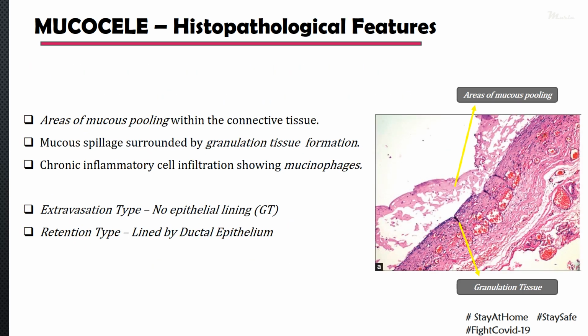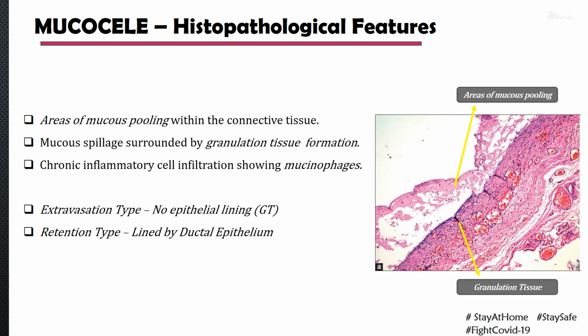Following biopsy, we would see some classical histological findings in relation to mucocele. What we are discussing here are the histopathological features of the extravasation type of mucocele. Three important features may be observed in a biopsy specimen. Areas of mucus pooling.